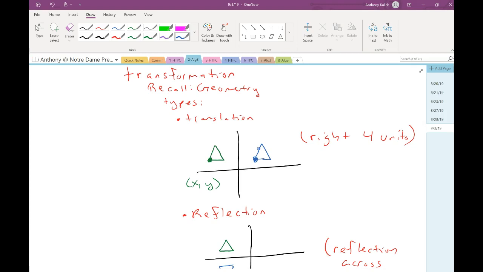The x-coordinate or the y-coordinate? The x-coordinate. How much is it going to change by? It's going to go up by 4, right? Everybody agree with that? So these translations are just going to be adding or subtracting to the x or y coordinate.